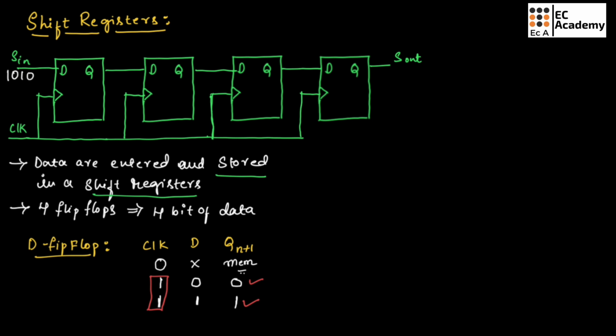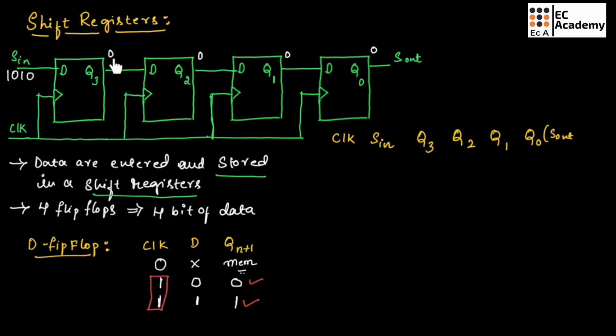Using this knowledge, let us understand the working of the shift register. Initially, let us assume all the outputs of the 4 flip-flops are 0. Before applying the clock signal, the output of each flip-flop acts as input to the next flip-flop, since we are directly connecting the flip-flops in series.